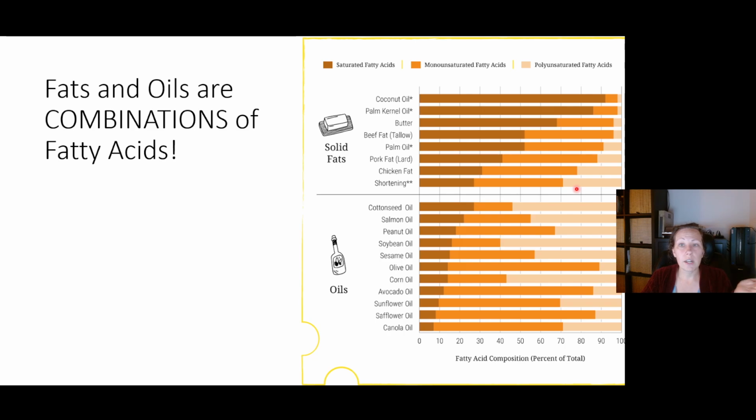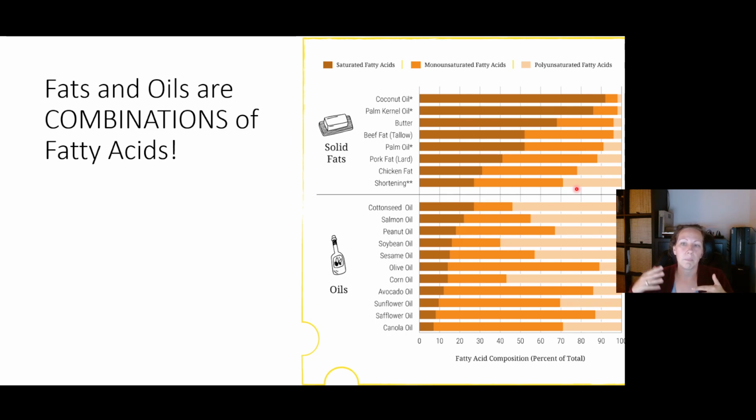Okay, and so I've already pointed out, the fats and oils that we use are a combination of fatty acids. Oils, so when something is called an oil, they're mostly extracted from plants. Plants produce multiple different fatty acids, not just one. These are living things. They're not refineries that are producing just one thing.